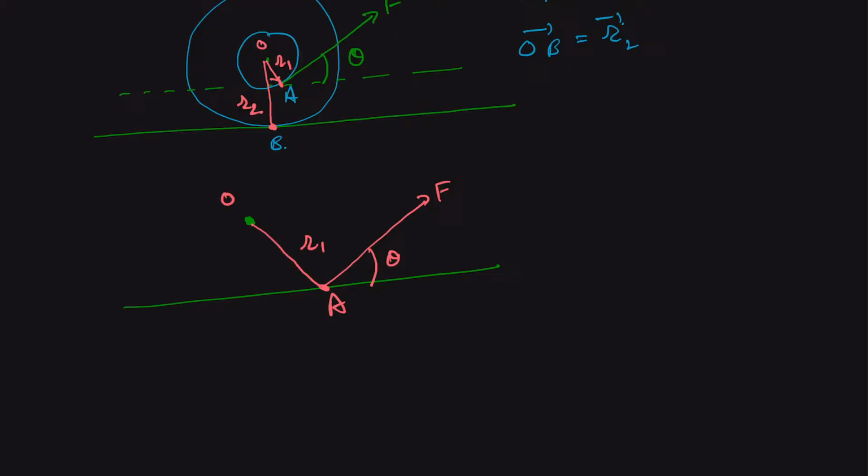This is center O, and let me draw this dotted one, and then we have a surface, and on this surface we have a point of contact which we call B, and its position vector is R2.